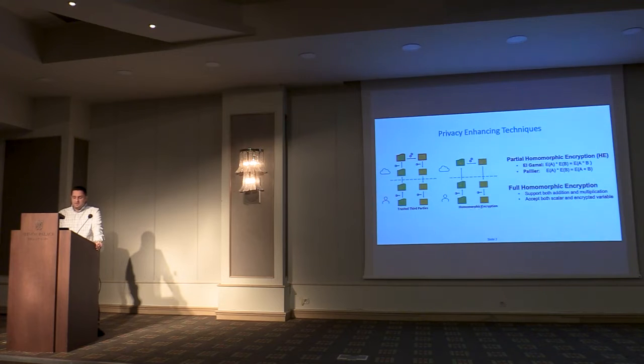fortunately, there's another privacy-enhancing technology which can handle this issue. In homomorphic encryption, data is encrypted and sent to the cloud, and computation is done on the encrypted data, which means that the cloud can process the data without revealing the actual data.